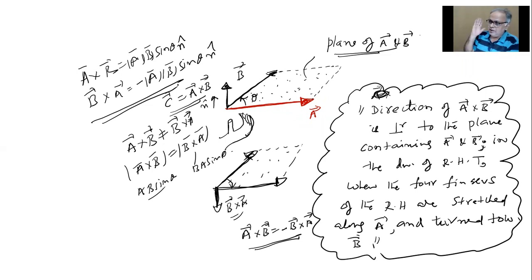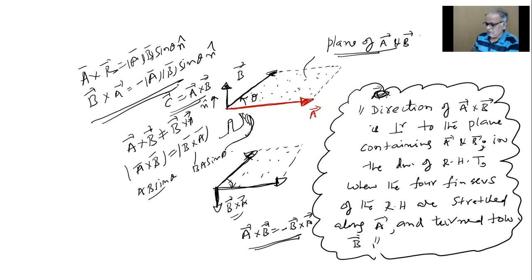So remember, your right hand is going to be very, very important for you. If you are a lefty, be careful. Without your knowledge, you'll put left hand and go exactly opposite way. This right hand will come to your rescue many times, because there are so many physical quantities in physics which are represented by cross product.